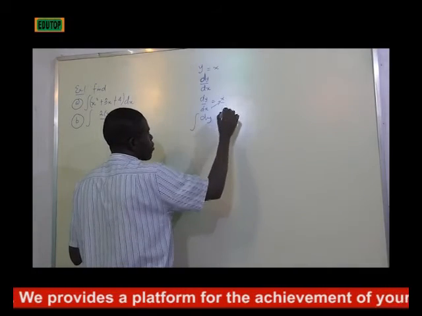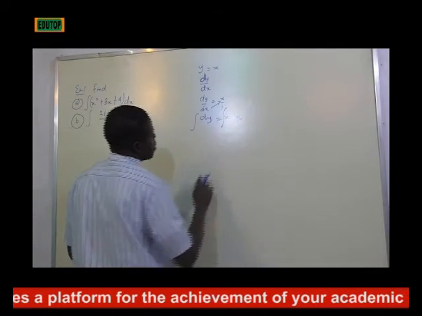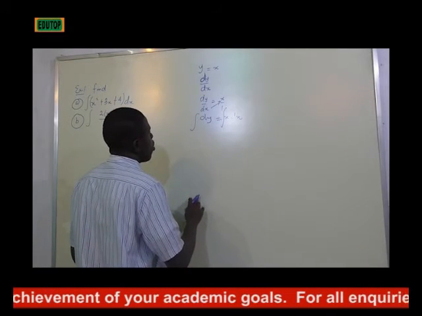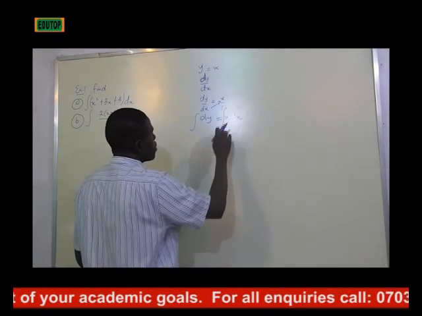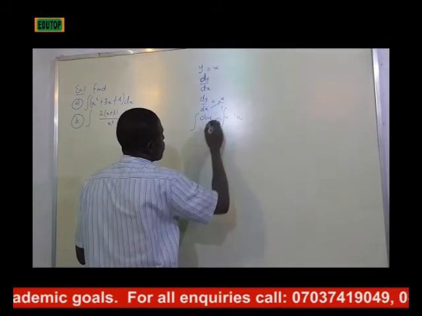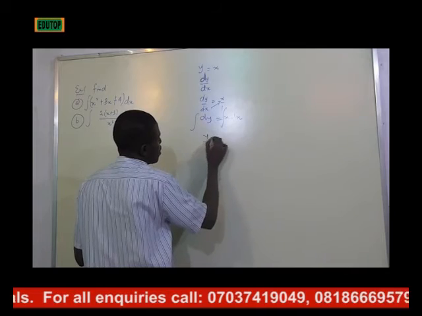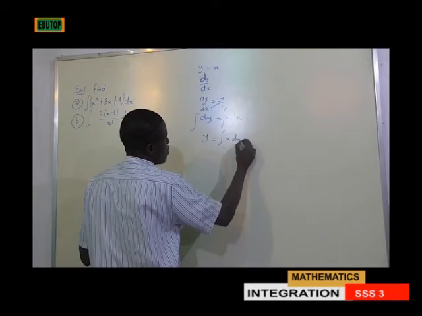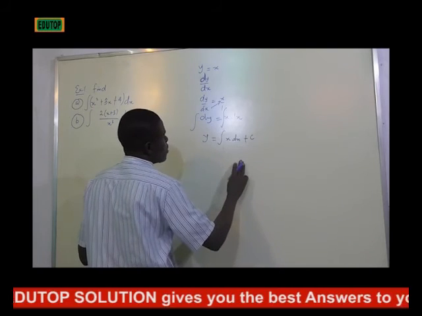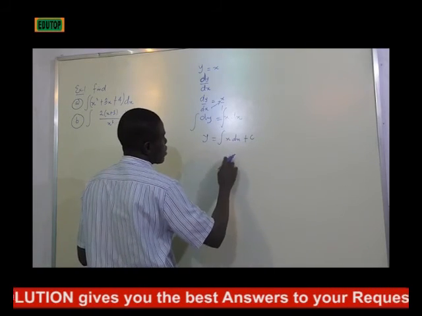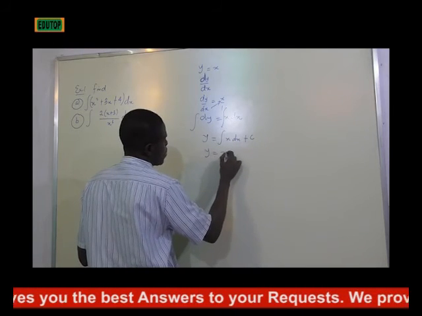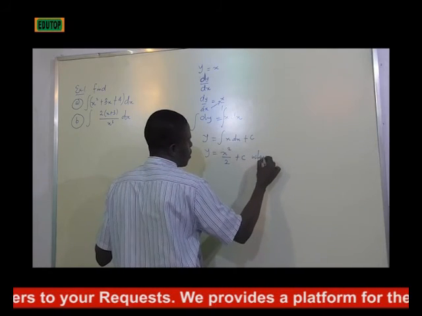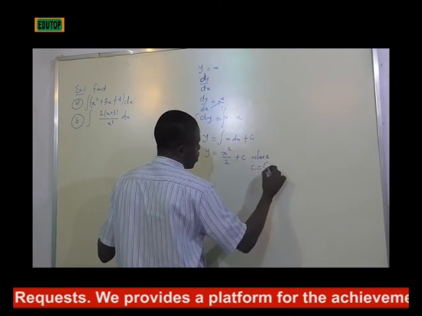If you integrate dy, it will be y, and if you integrate x dx, you write the integral of x dx plus probably c. Or we can say that y equals x squared over 2 plus c, where c is equal to the constant.